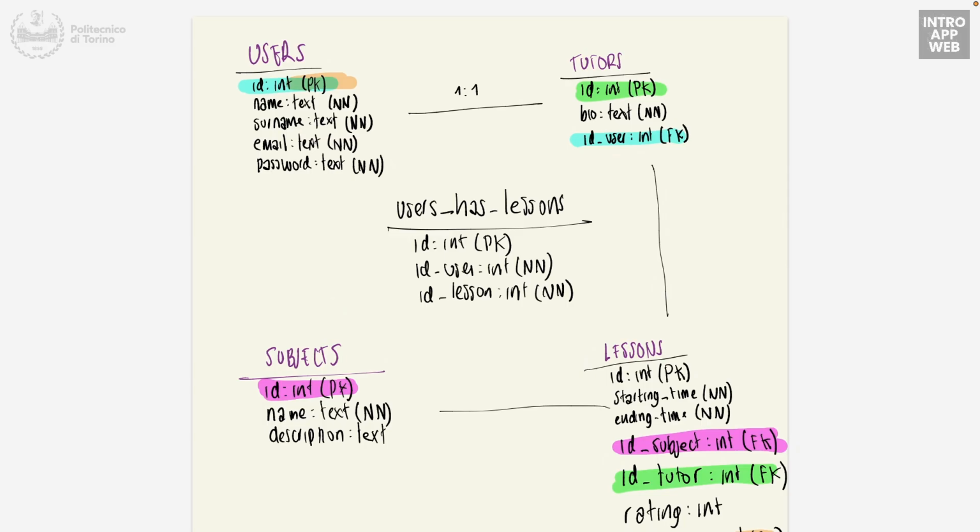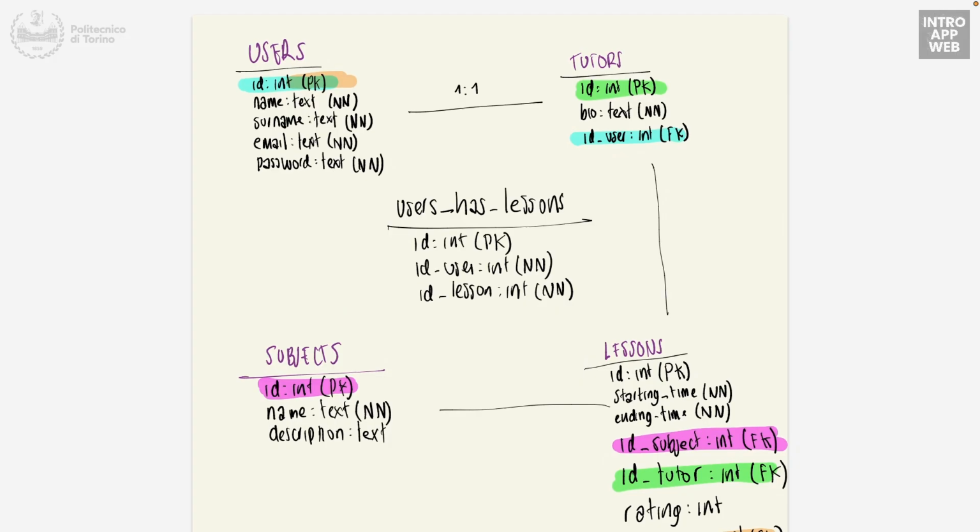What happens if I create this intermediate table? This is working as a many-to-many table, no? And in this case, I'm saying that a lesson might involve several users, and several users might be taking different lessons, okay? So in this case, we're building a many-to-many relationship.